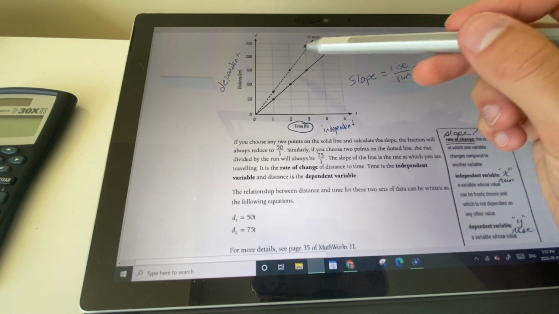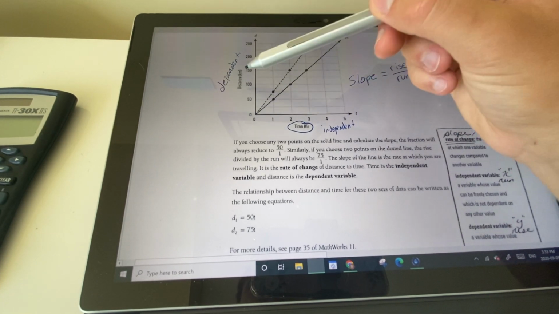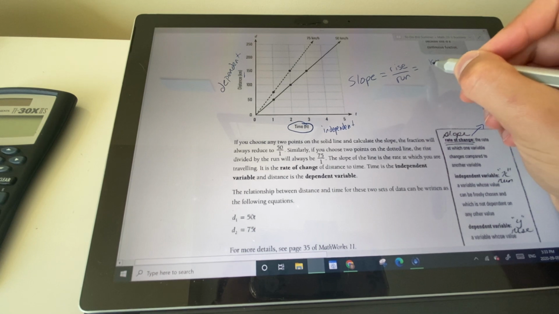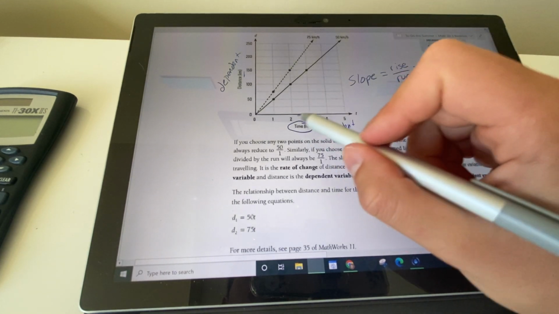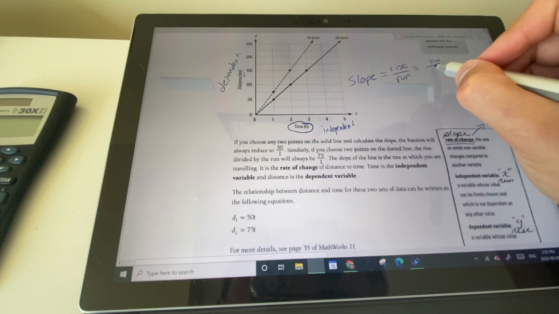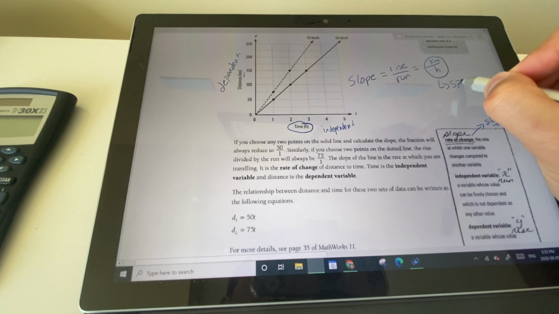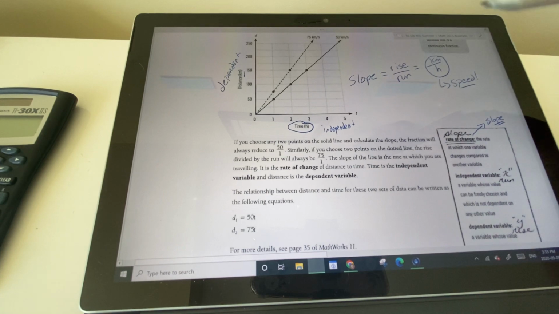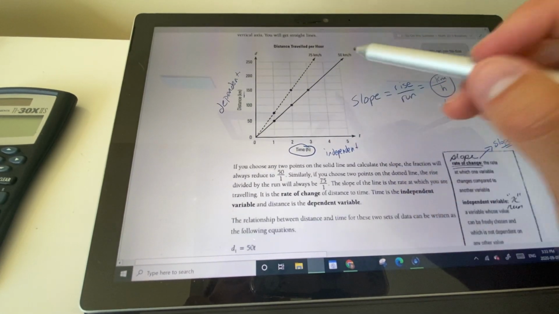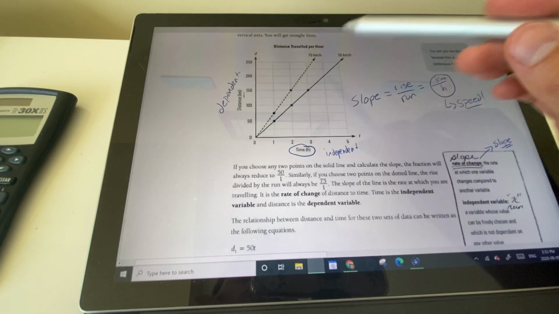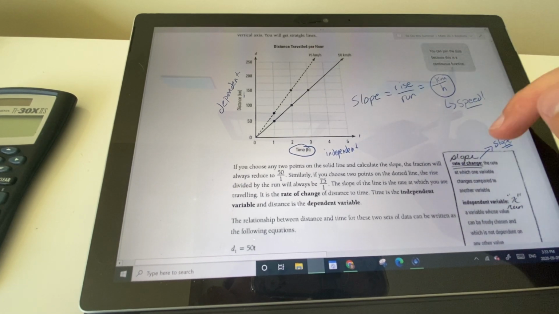And now if we look at this, our rise is distance measured in kilometers. So this would be some amount of kilometers for some amount of hours. What is that? Kilometer per hour. This is speed. Okay, so your rate of change, or your slope, can actually represent really cool things depending on what you're talking about. In this case, it is speed.